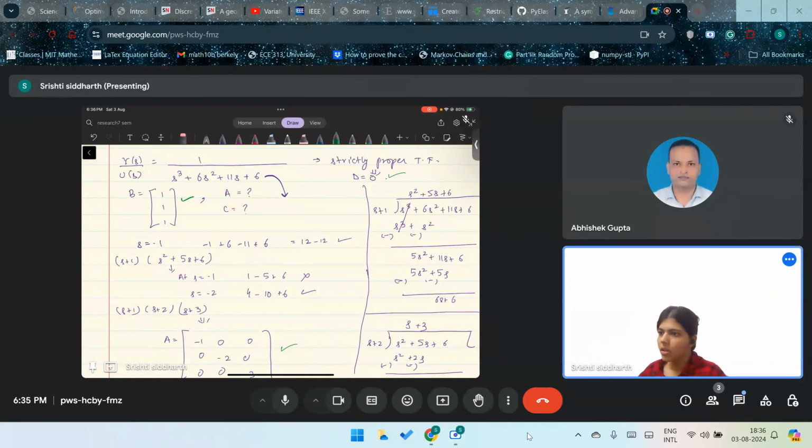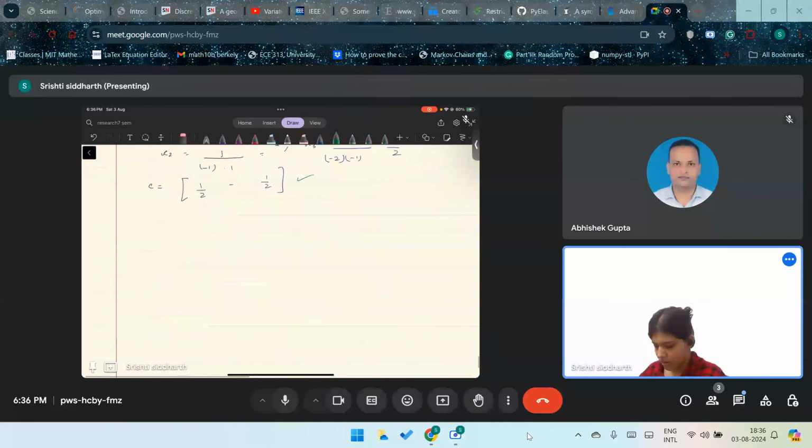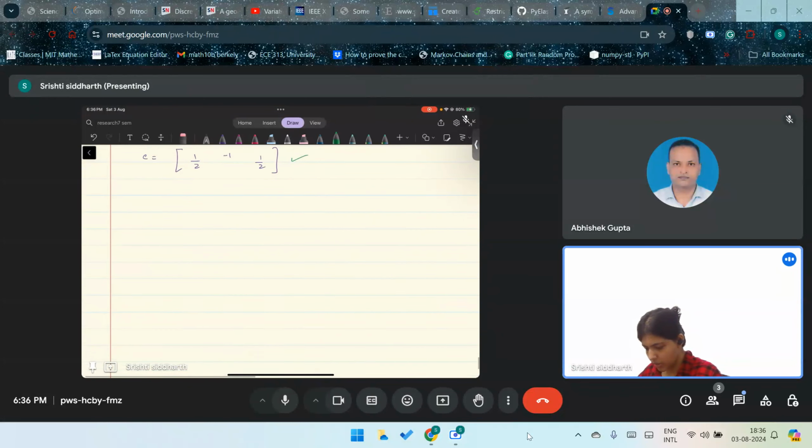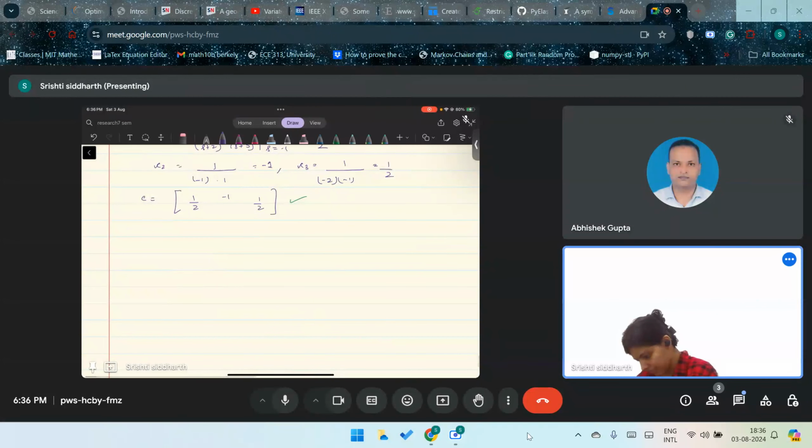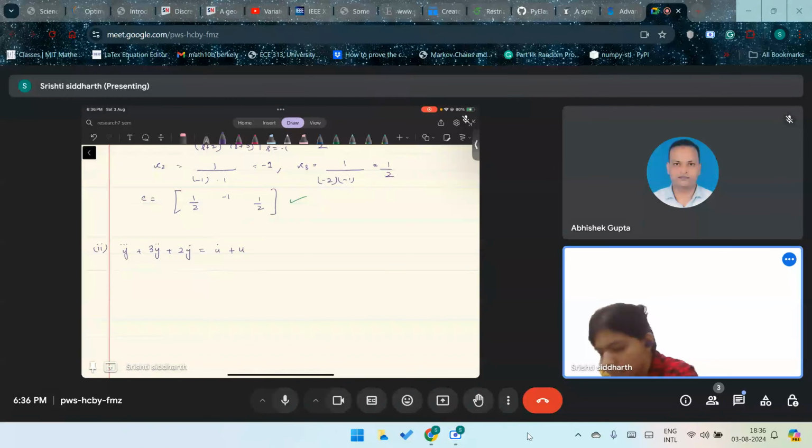Alright. So now let's look at some more examples of differential equations. This was the first one. Alright, so we have a third order system again. So then it's y triple dot plus 3y double dot plus 2y dot equals u dot plus u. Okay, so let's take the Laplace transform of both the sides.